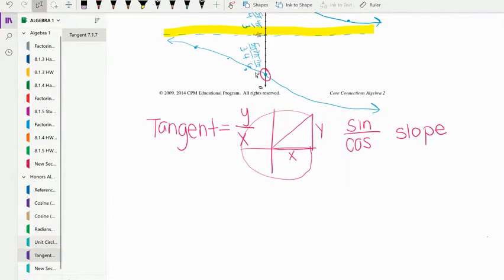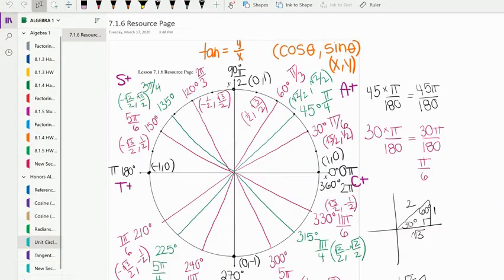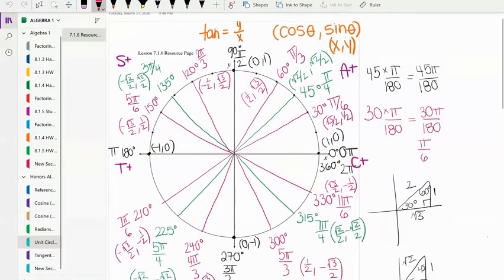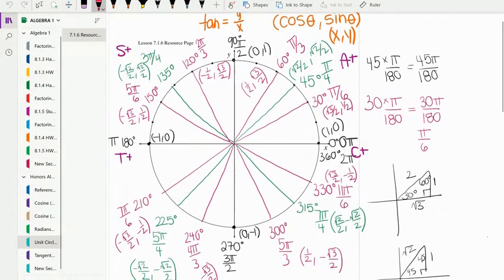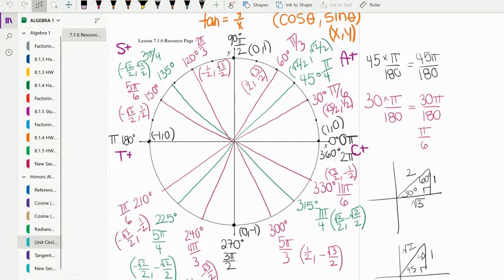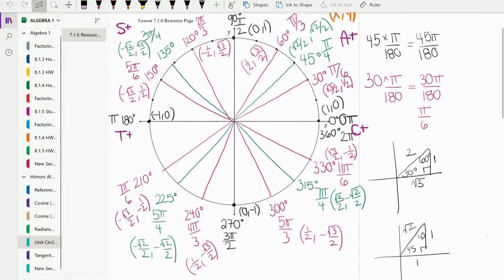So going back to the unit circle, if I were to ask you to find, let's say, the tangent of 90 degrees, it would be y over x right here. So then that would be 1 divided by 0, which is undefined. So tangent is actually undefined at 90 degrees and 270 degrees because those are both vertical lines, and we know that vertical lines have an undefined slope.